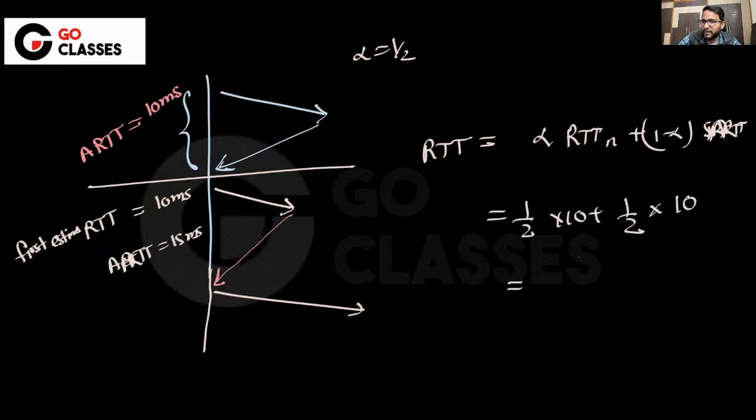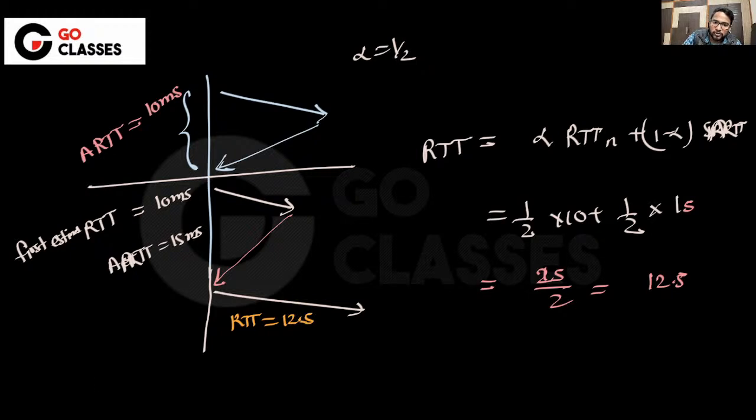So it is basically 10 plus 10 by 2, which is just 10, right? Now, sorry, this actual RTT is 15. Now you will say this is 10 plus 15 by 2, which is 25 by 2, which is basically 12.5. Which means you are saying that this time my estimate is 12.5.